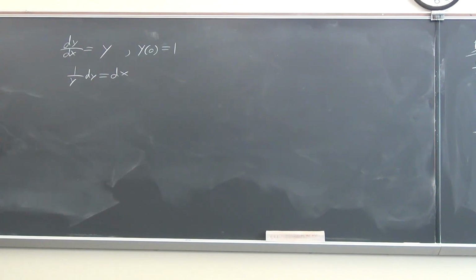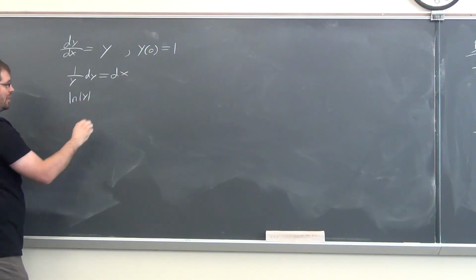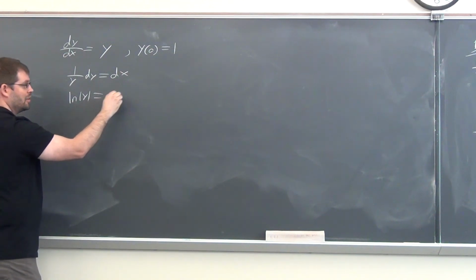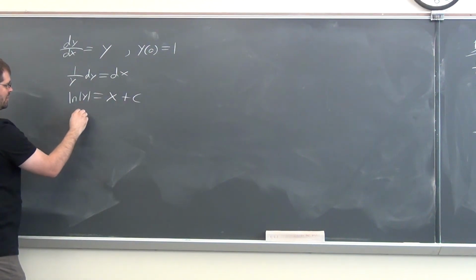What's the integral of 1 over y dy? Natural log of absolute value of y. The integral of 1 is x plus c. And then I'm going to do some algebra here.